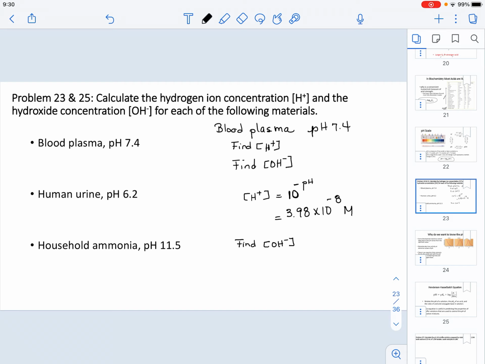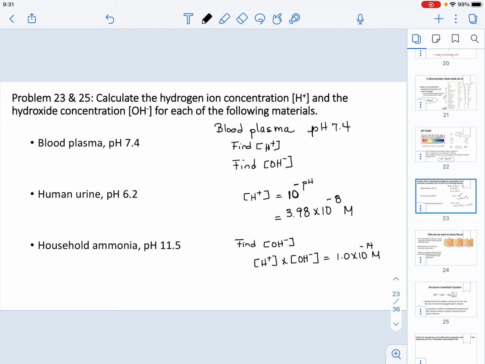You can say, I know that my concentration of H plus times the concentration of hydroxide is going to equal 1.0 times 10 to the negative 14 molar. That equation comes from the idea that when you multiply the concentrations of proton and hydroxide ions, it's going to be constant at 1.0 times 10 to the negative 14 molar.